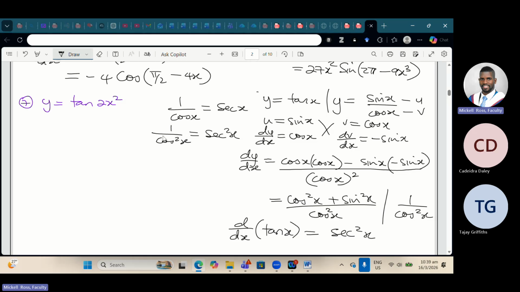So the question now becomes, if I differentiate y is equal to tan 2x squared, what would I end up with?